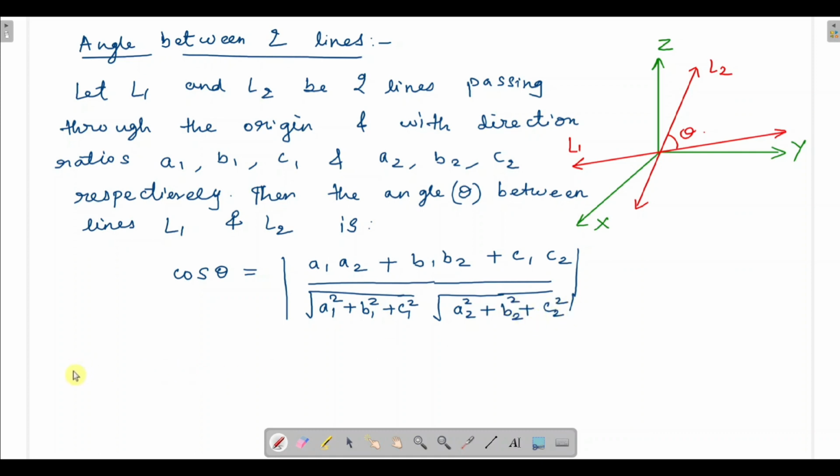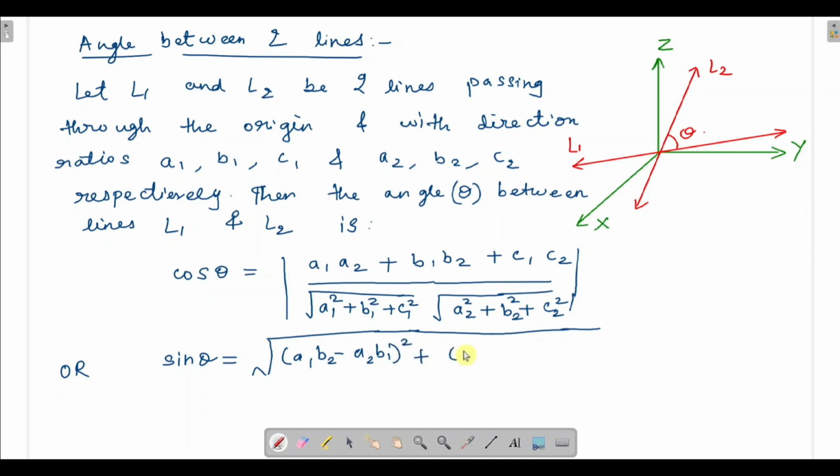Okay, or we have also one more formula which is in terms of sine. So sine theta equal to root of A1 B2 minus A2 B1 square plus B1 C2 minus B2 C1 square and plus C1 A2 minus C2 A1 square.